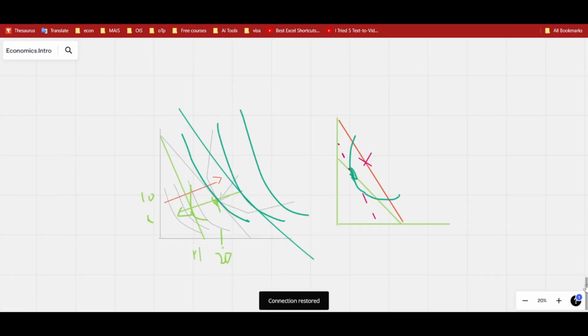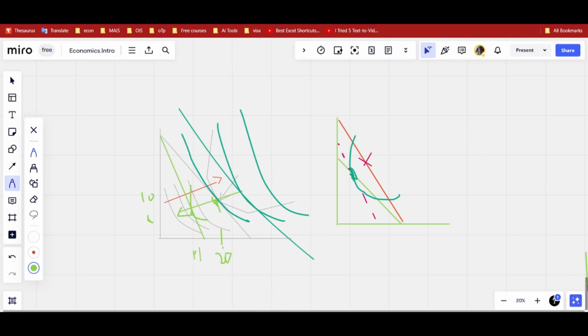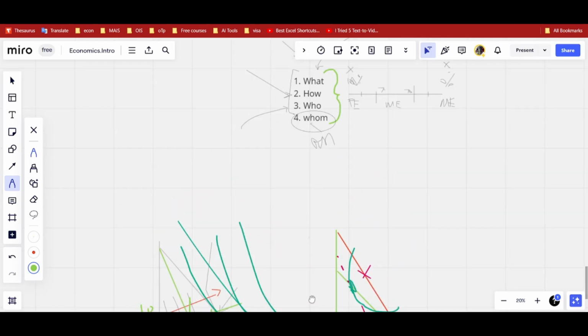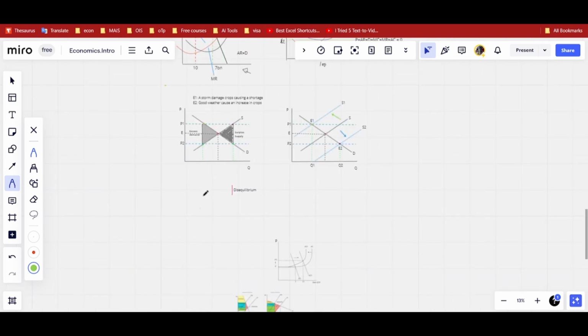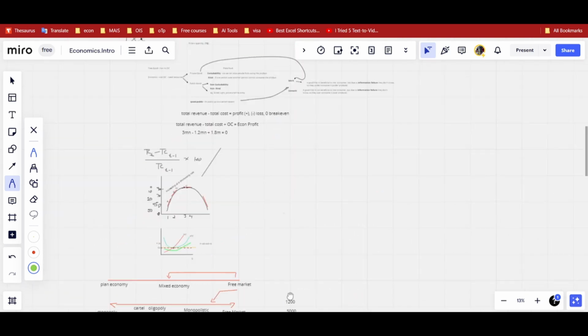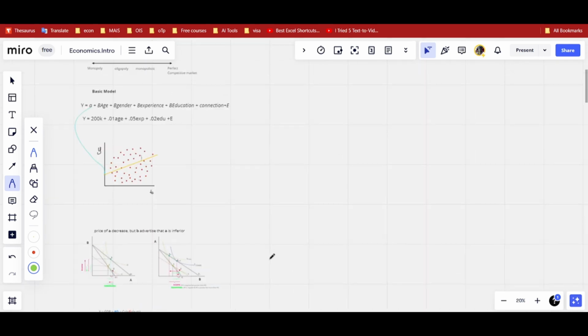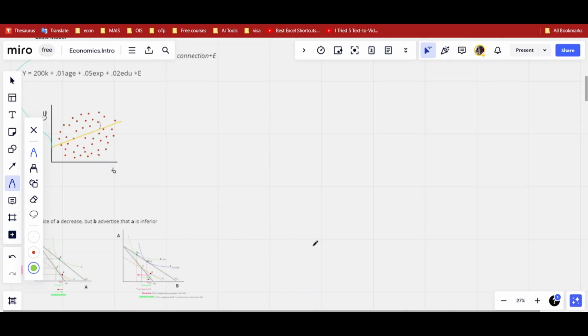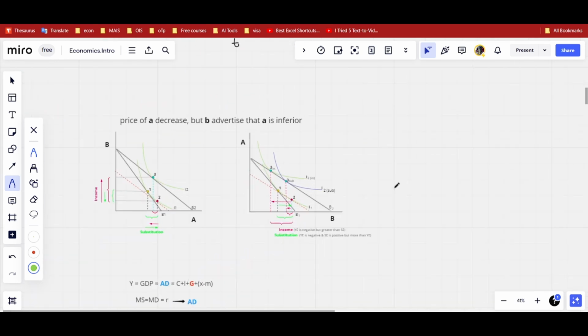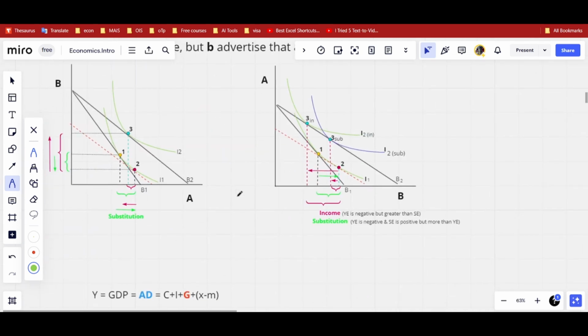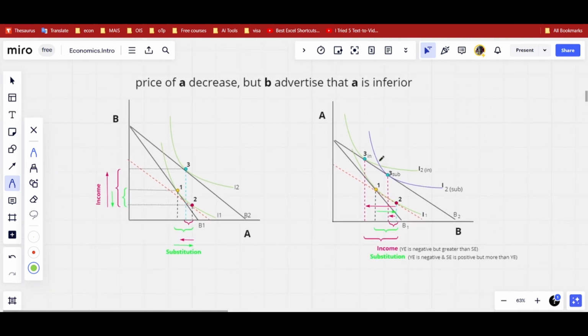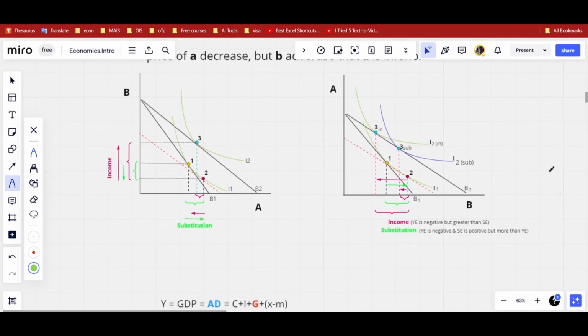I don't remember if I had drawn it separately. I think here I drew it separately. So this is the one I'm using there in the answer.